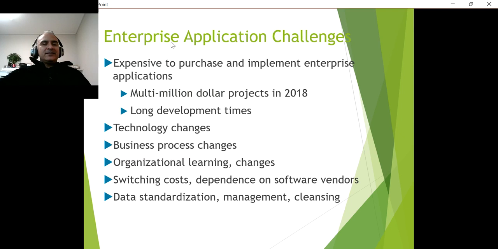So for that reason, it's very expensive. Problems with it is that you need an ERP system or a CRM system that is dynamic, that keeps evolving, because if you get an older one and technology keeps on changing, innovating, and then it doesn't follow through, that is one of the issues.